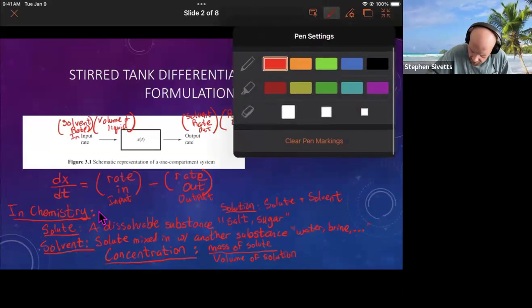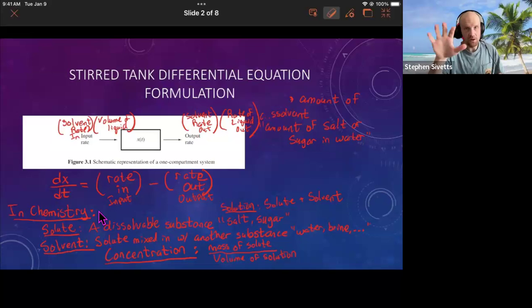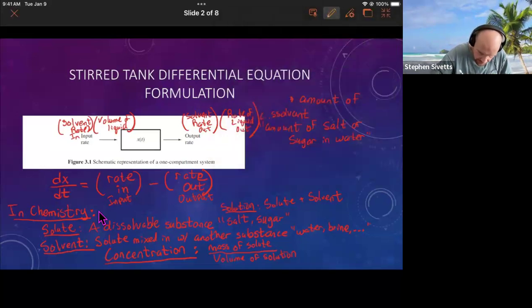In other words, we are looking at how the amount of salt changes when fluid is coming into the tank and then out of the tank simultaneously, right? So these events are occurring simultaneously here.